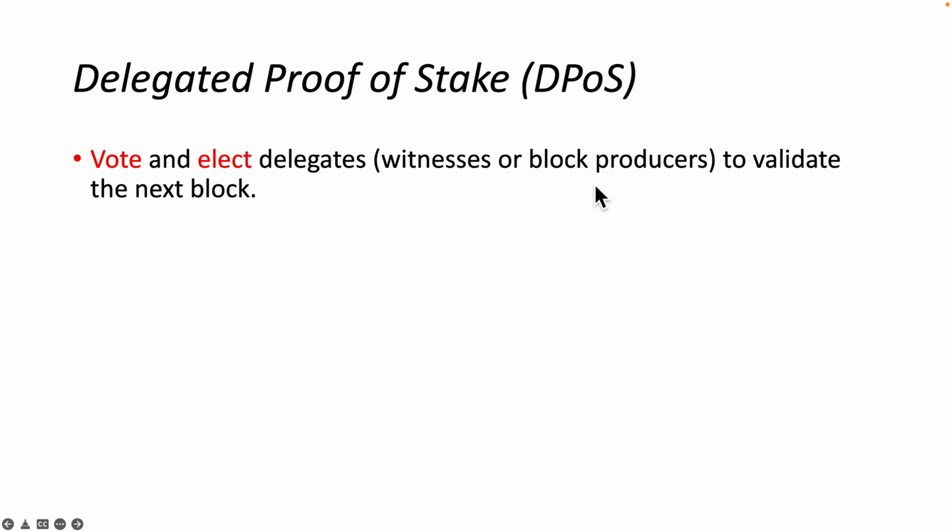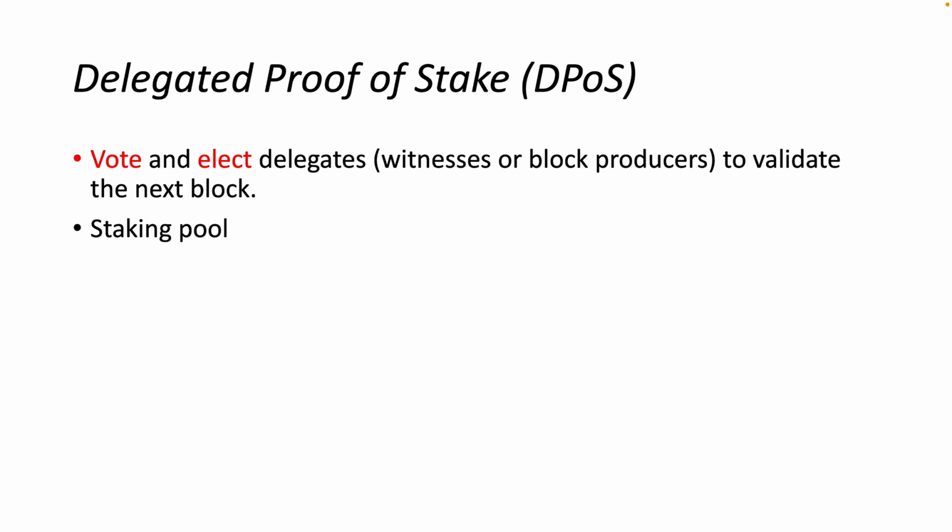So using delegated proof of stake, we can vote on delegates by pooling our tokens into a staking pool and linking those tokens to a particular delegate. We don't need to physically transfer our tokens to another wallet.